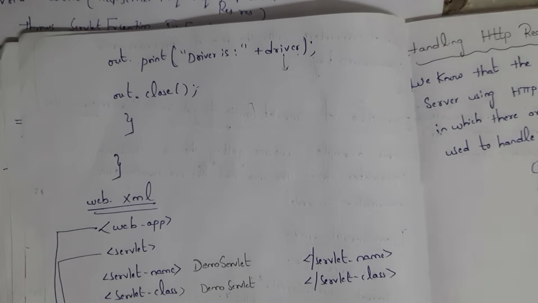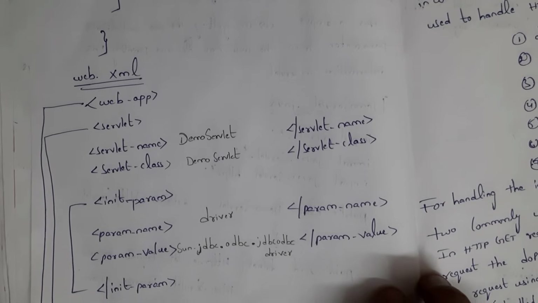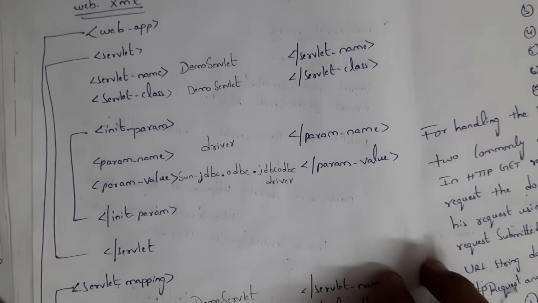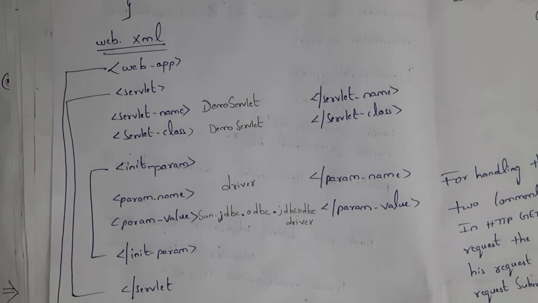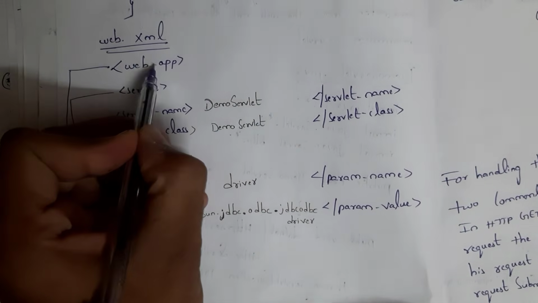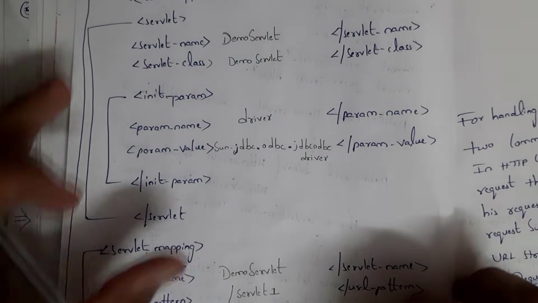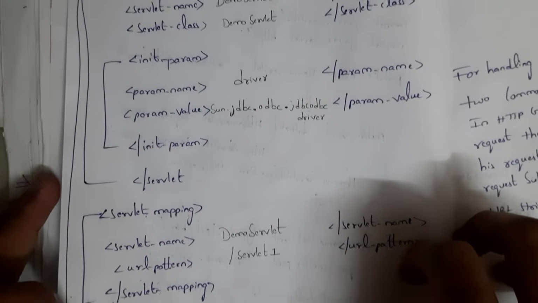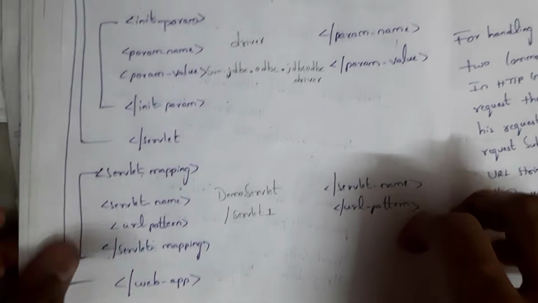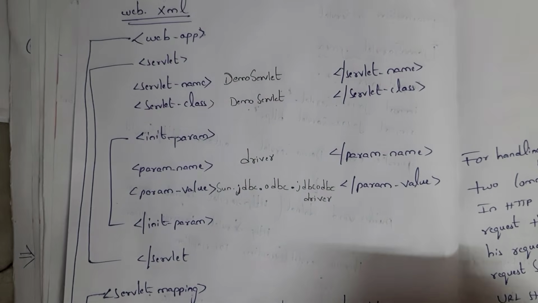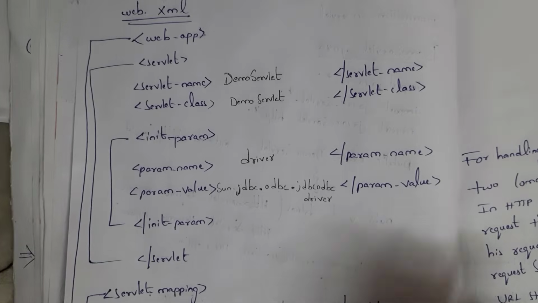After writing the Java program, we need to write the web.xml program. At first you need to create a tag. First I created the tag named web-app. This is the root element. I open the web-app tag, and similarly I close it. Inside web-app I am writing two parameters.